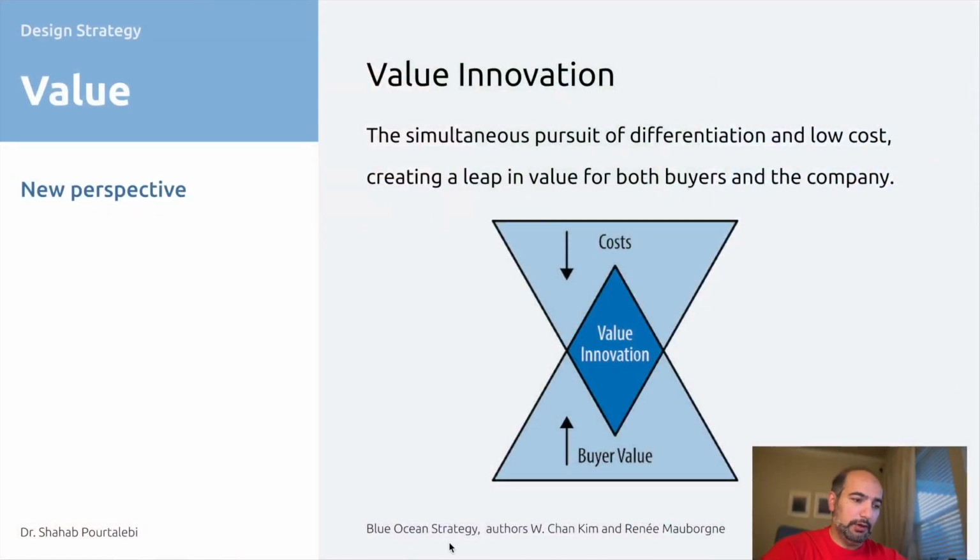There is a book here. You can see the name of the book, Blue Ocean Strategy. This book describes this idea of value innovation. Value innovation was first introduced in this book, and the author talked about how to reduce the cost of production, cost of offering a product, and how to increase this buyer value or user value.